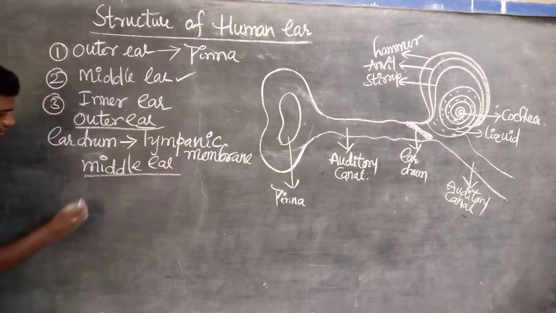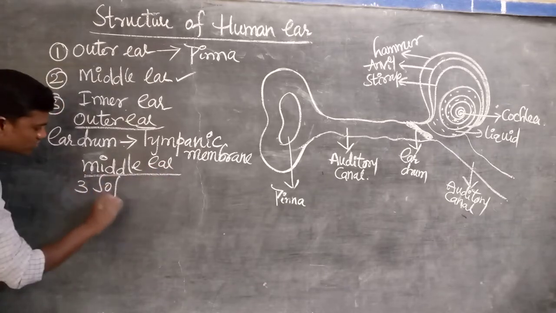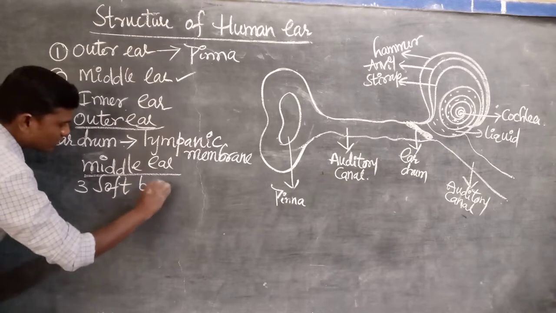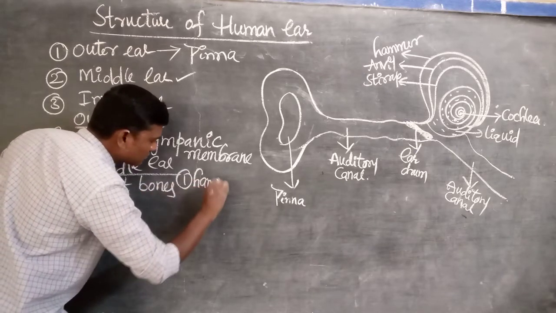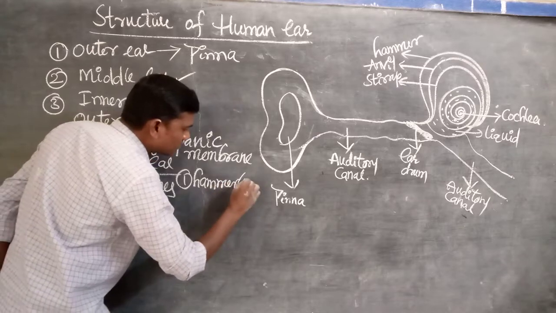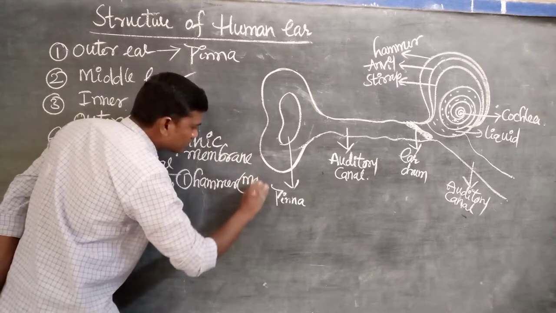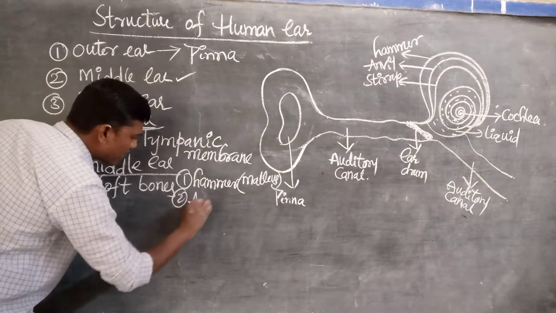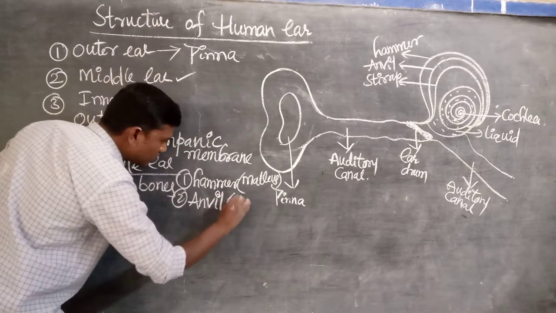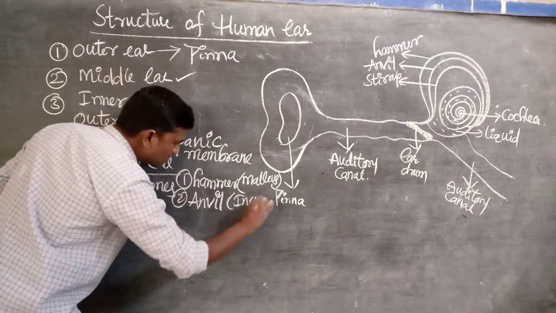In the middle ear, three soft bones are there. One is the hammer, called the malleus. Second one, the anvil, called the incus.